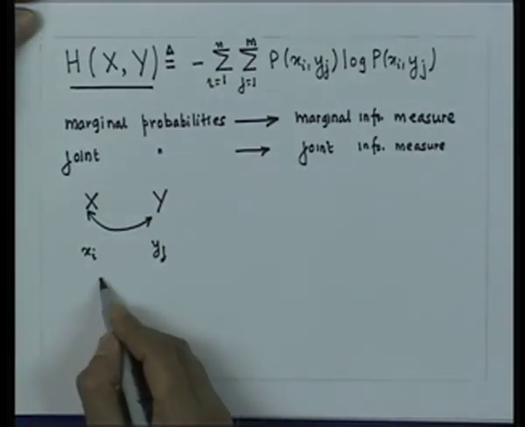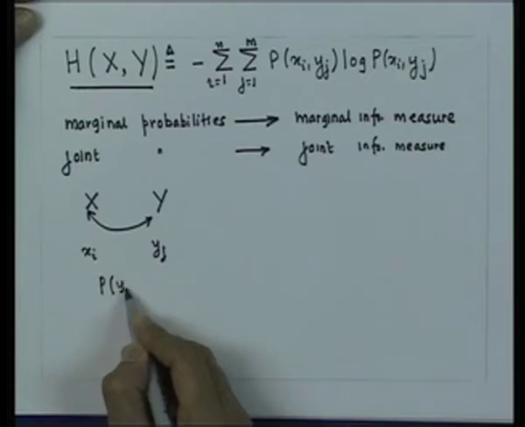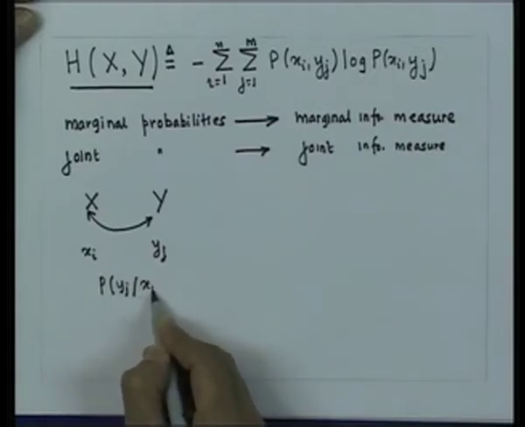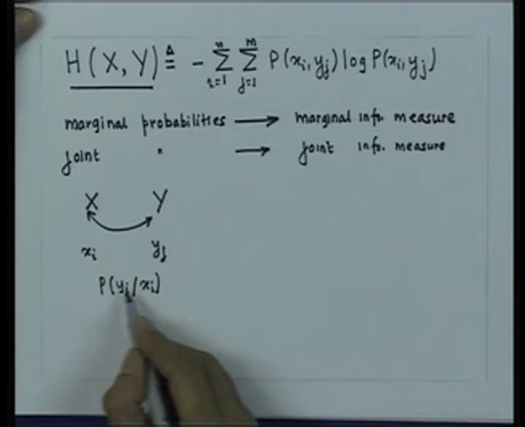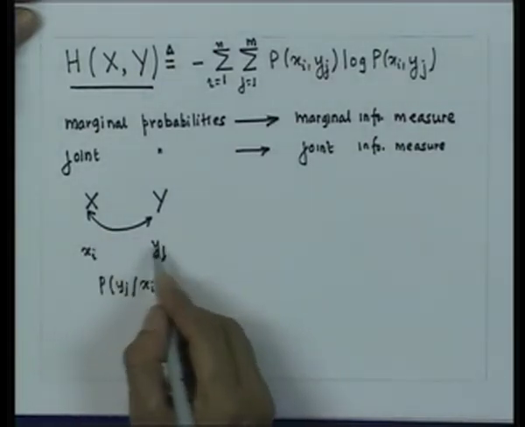Then we have probability of yj given xi, if there is a relationship existing between yj and xi.